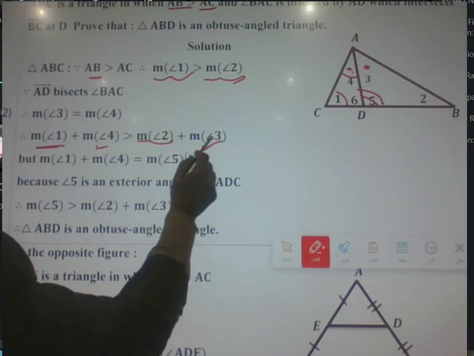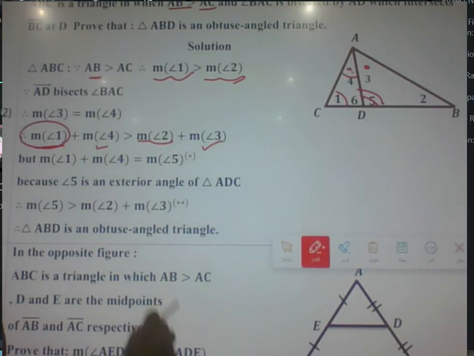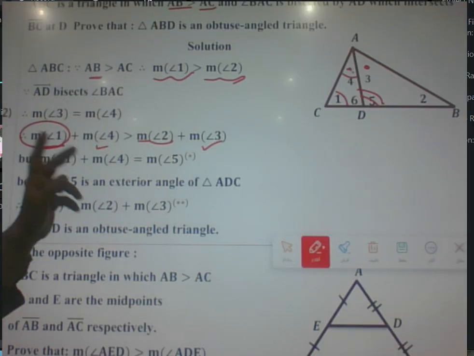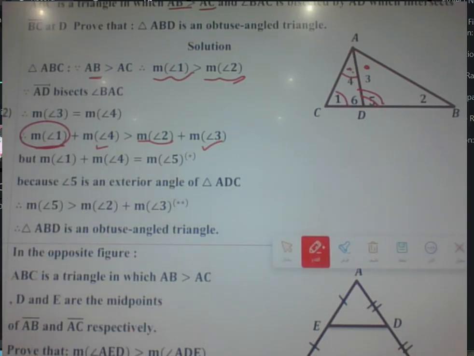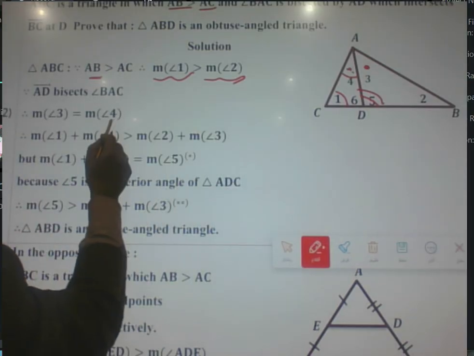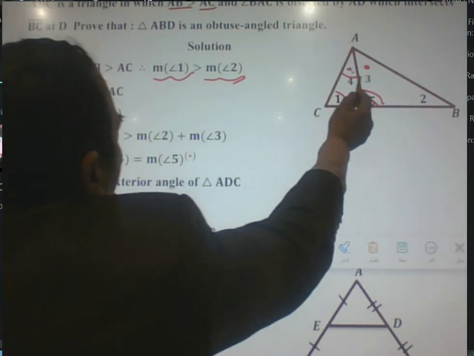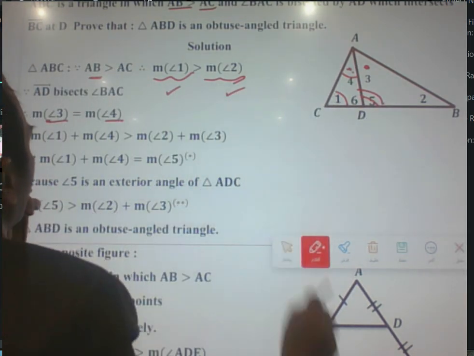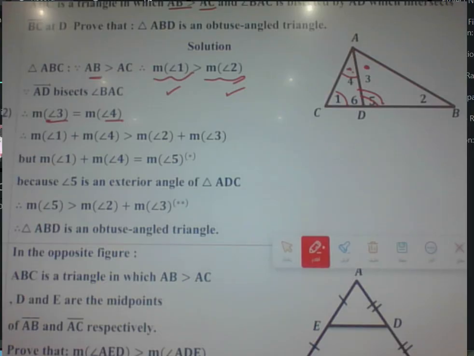Why? Because the measure of angle 3 equals the measure of angle 4. They are equivalent, so we can add the measure of angle 4 here and the measure of angle 3 here. Never mind, they are equivalent.